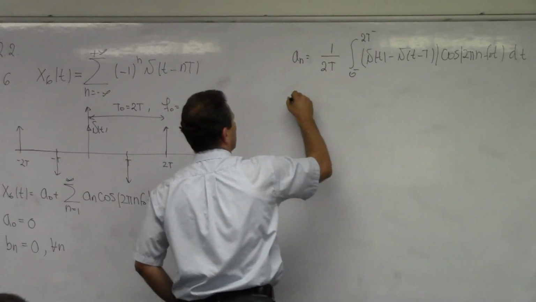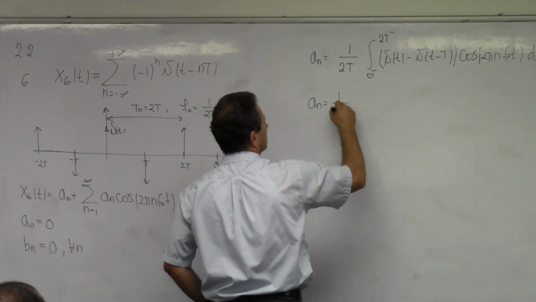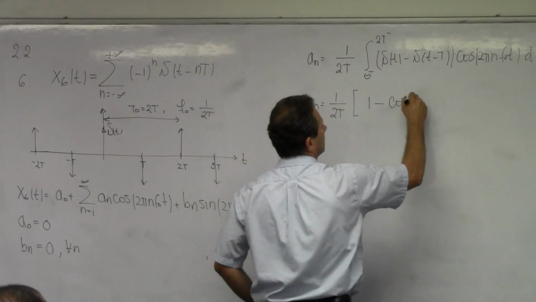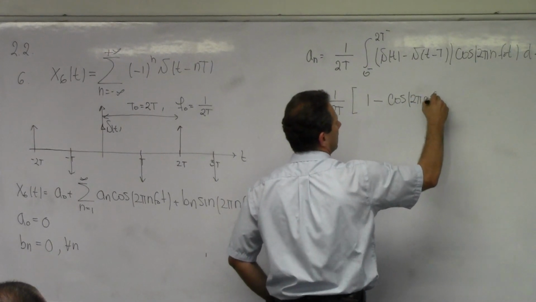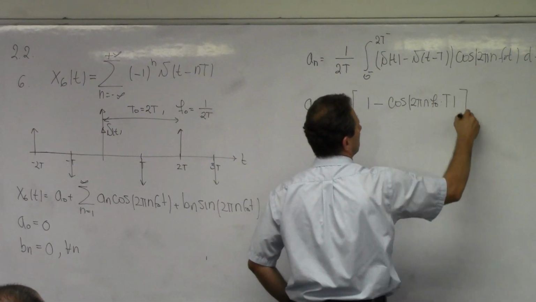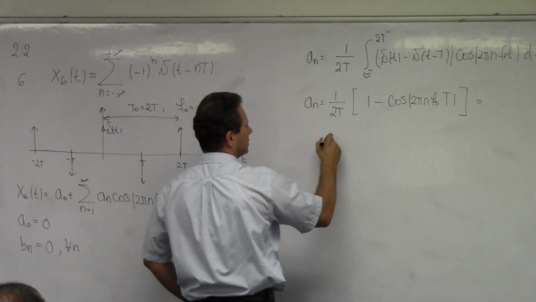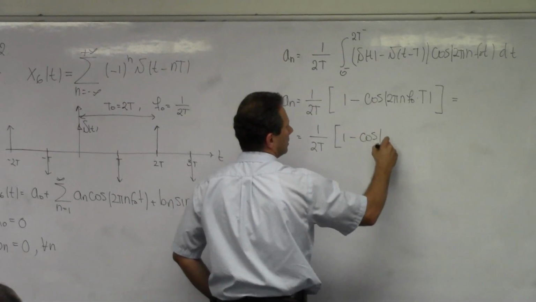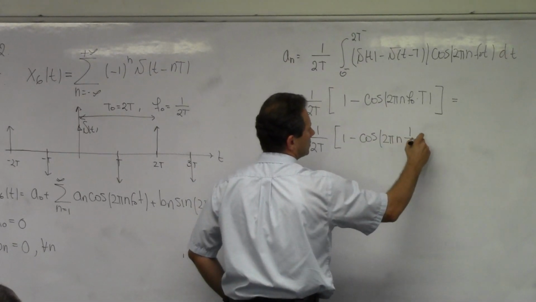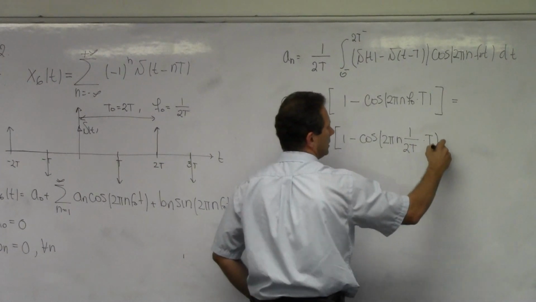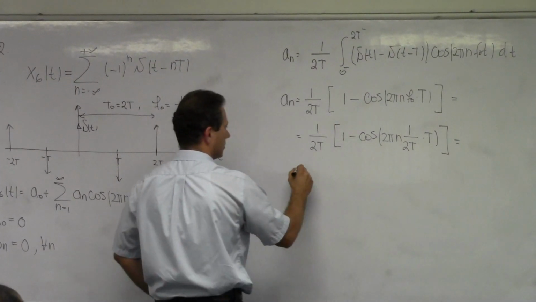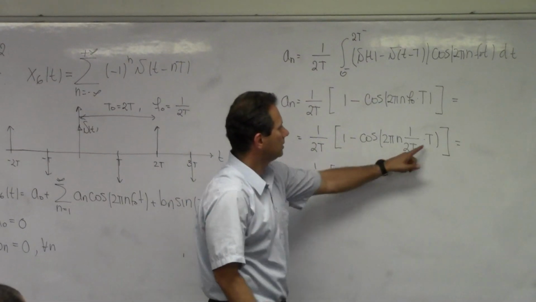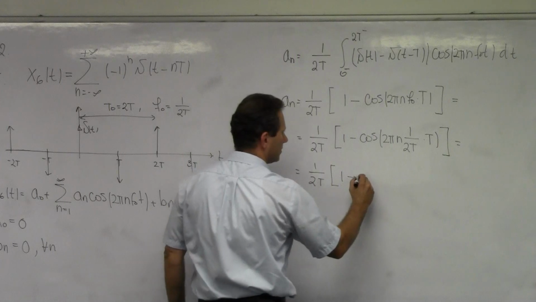And this is an easy one to evaluate, so you get an is 1 over 2T, and then this is 1 minus cosine 2 pi n f0 times T. So this is 1 over 2T, 1 minus cosine.